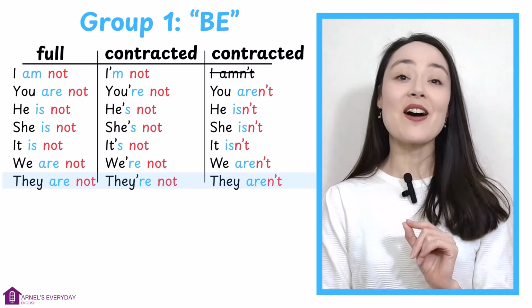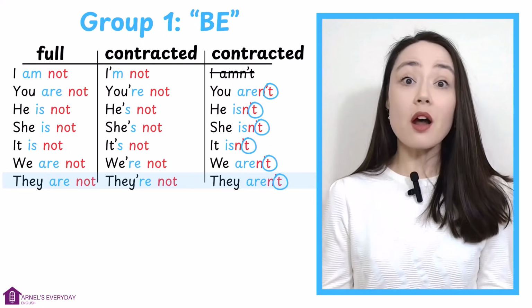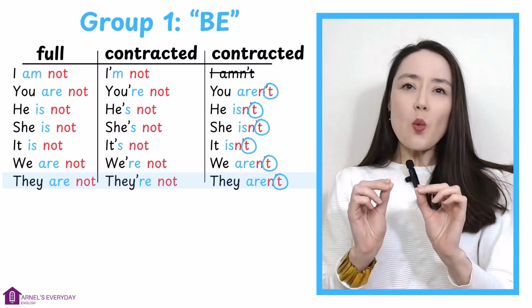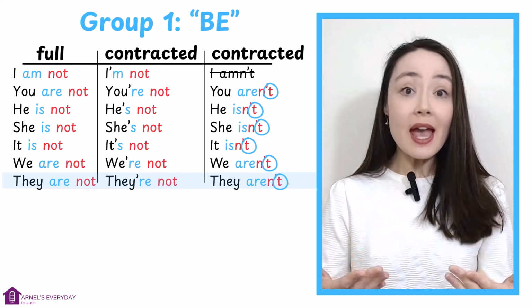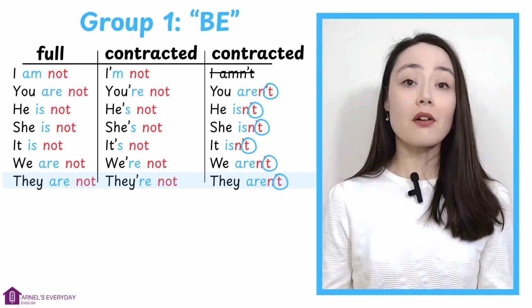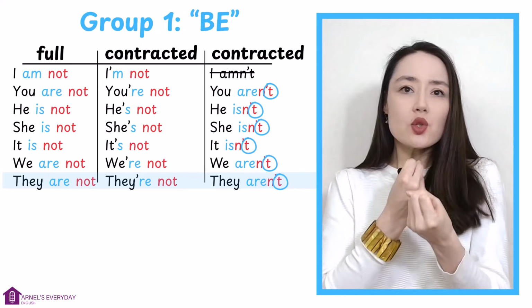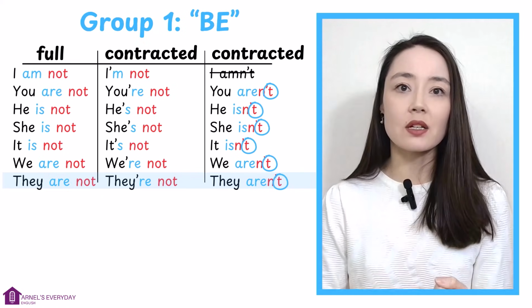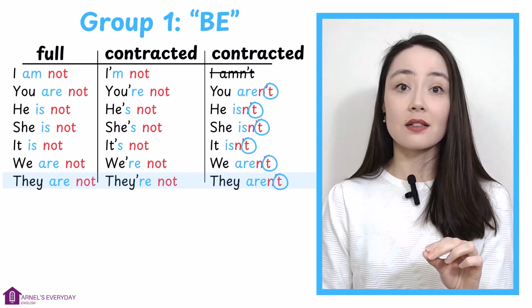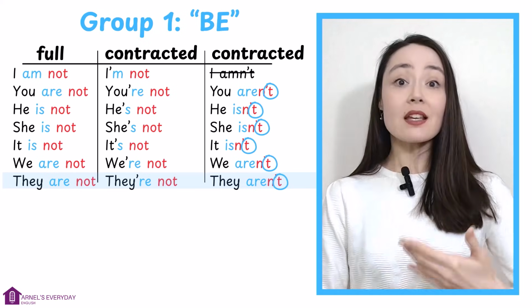Mini note. Do you pronounce the T at the end or not? If you want to be really clear, you can stress the T. Isn't. Aren't. But in natural speech, we often swallow that T sound. Isn't. Aren't. So you can practice this.